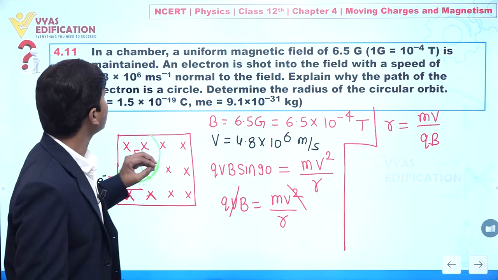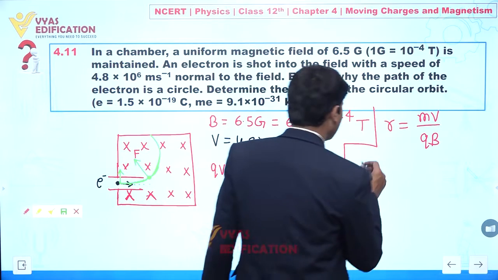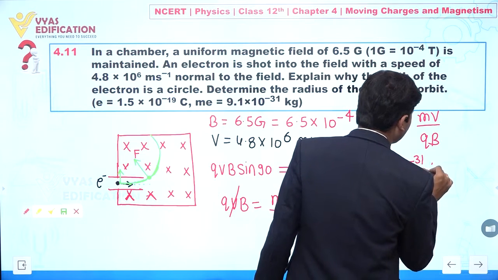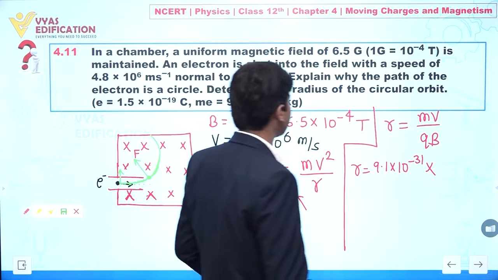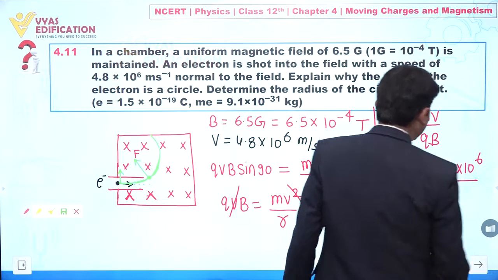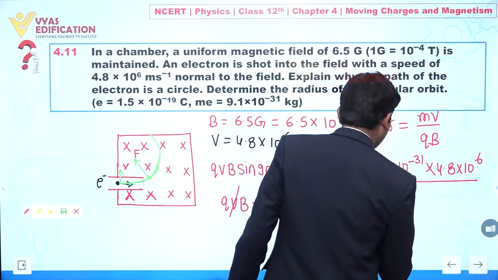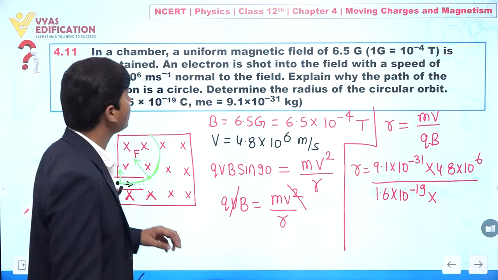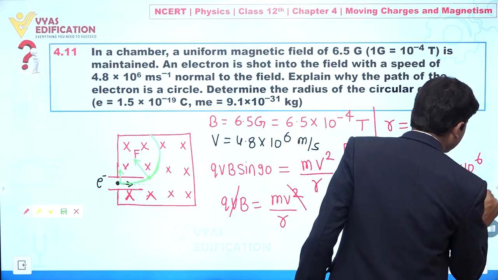Now the mass of an electron is 9.1 into 10 to the power minus 31, multiplied with the velocity, which is given as 4.8 into 10 to the power 6, divided by the charge of an electron, 1.6 into 10 to the power minus 19, and the value of the magnetic field, which is 6.5 Gauss, so 6.5 into 10 to the power minus 4.